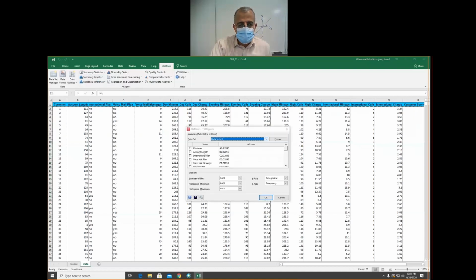We can check these variables: account length, voicemail message, day minute, day calls, day charge, evening minute, and etc. Non-numeric data, one or more variables.